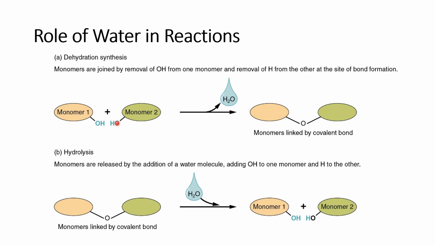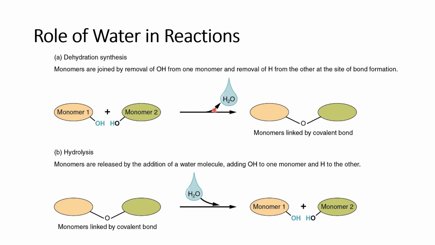Well, what happens if we remove water from these two monomers? There we go. We remove the water, and water is H2O, so think of removing two hydrogens, one from each monomer, and one oxygen from one monomer. We're left with this one oxygen. There it is. It links the two monomers together.